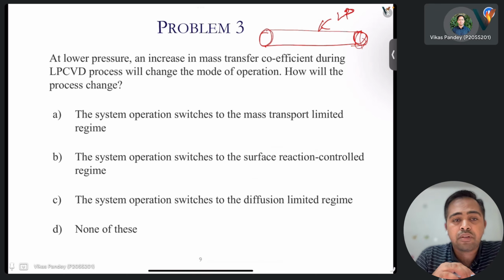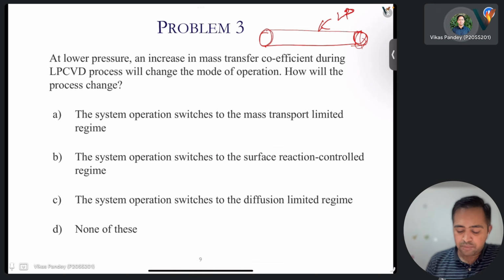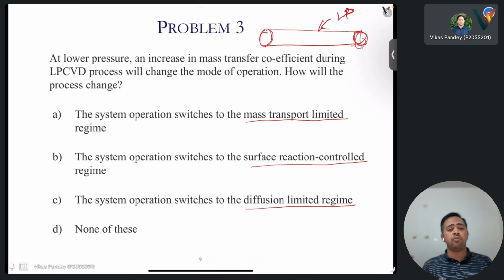The system operation switches to mass transport limited regime, or the system operation switches to the surface reaction control regime. The system operation switches to the diffusion limited regime. Okay, so remember that there were different regimes like mass transport limited regime, surface reaction control regime, and diffusion limited regime. Okay, so how will the process change?